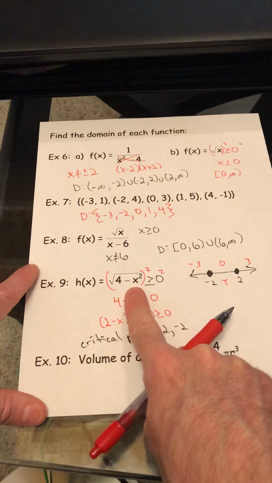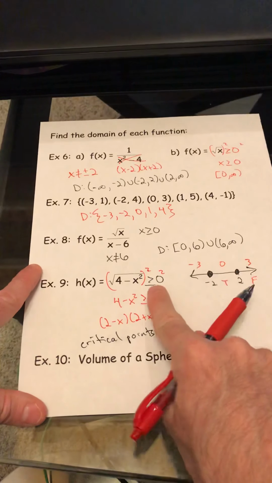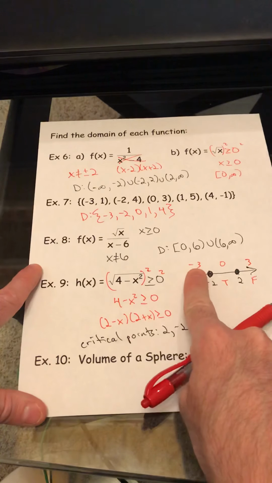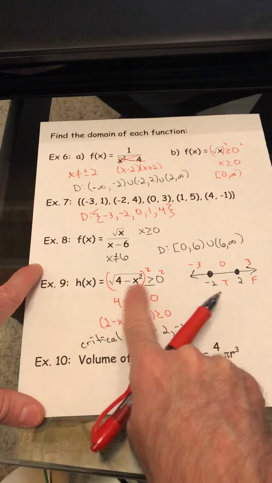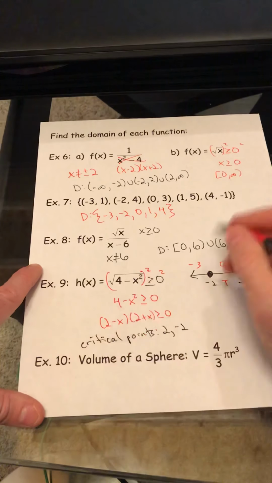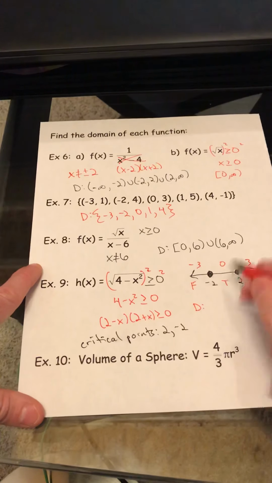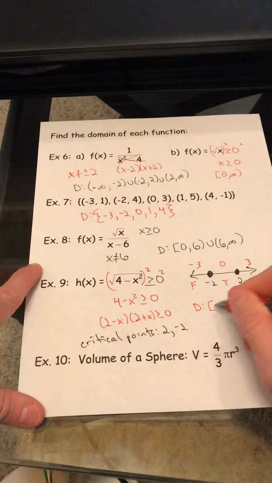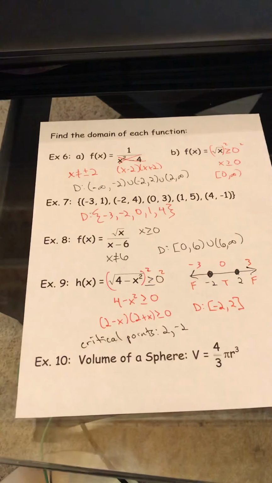If I plug 3 in, 4 minus 9, well, that's negative, so certainly not greater than or equal to 0. If you plug in negative 3, 4 minus 9 is again negative. You can't take the square root of a negative, so that's also false. So here our domain goes from negative 2 to positive 2.